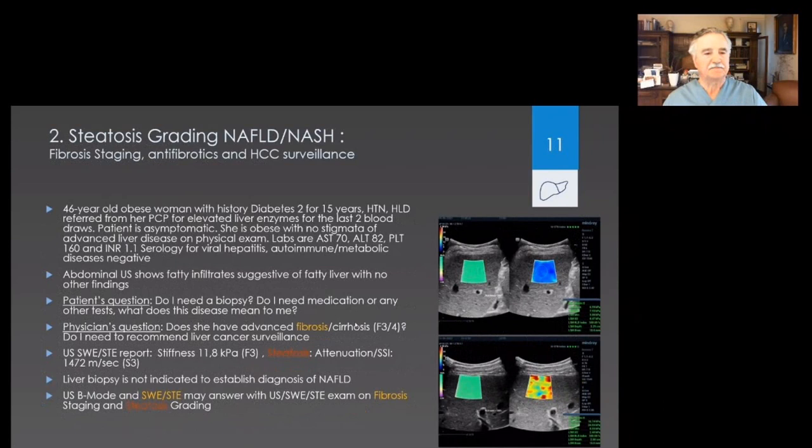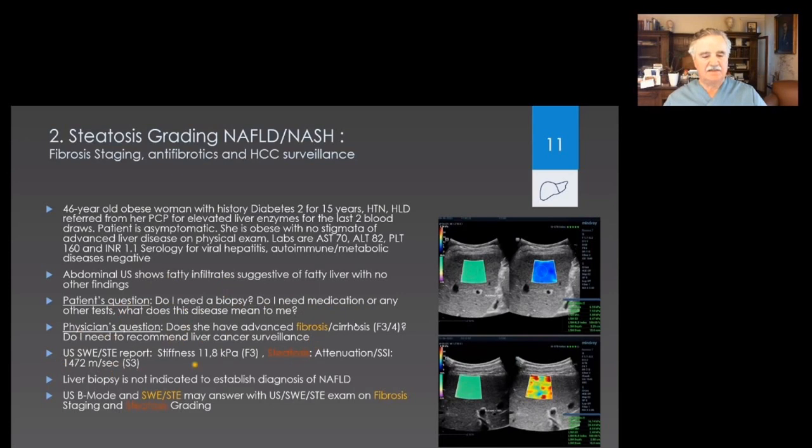Another case: those are the clinical information of the patient, and an abdominal ultrasound shows fatty infiltrates of the liver. The patient asks, do I need a biopsy? Do I need medication or any other test? And the physician asks, does she have advanced fibrosis?